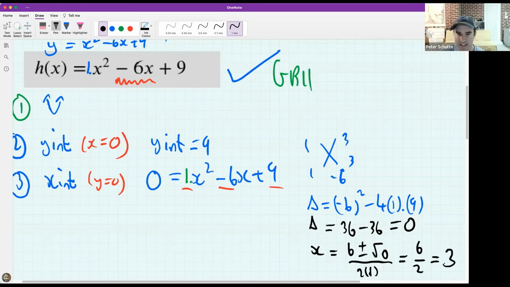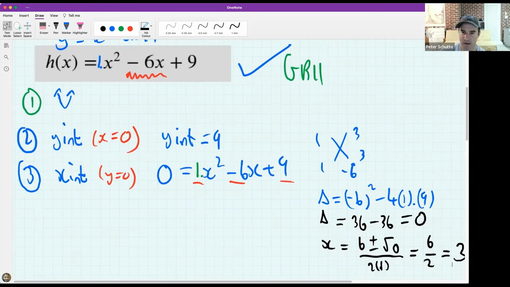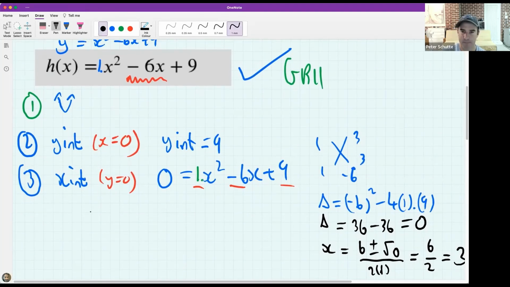So did you guys get the fact that x is equal to 3? Everyone happy? Okay, fantastic. Both ways, if you've done the factorizing or you did the formula, both will work fine.